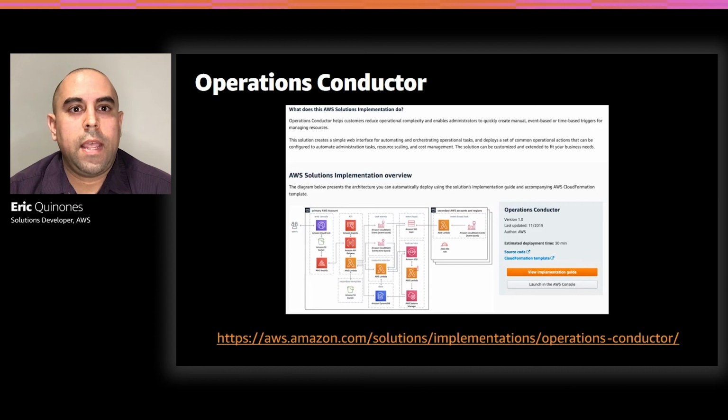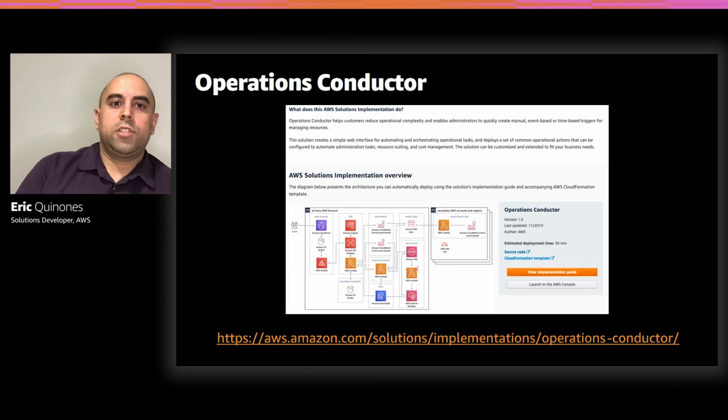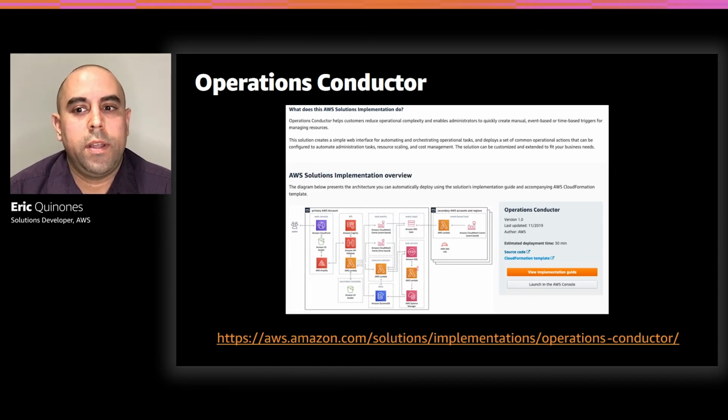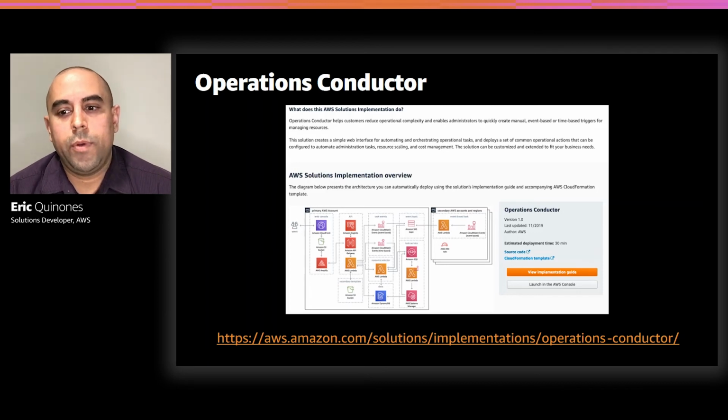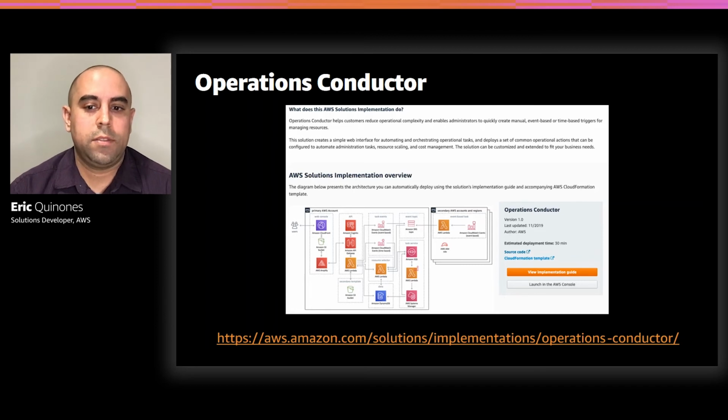You can set a time or schedule-based trigger or even a manual trigger, and then set a target tag the resources that you want to take action on, and use an AWS Systems Manager automation document to perform operational tasks on those resources. You can reduce your operational complexity and have an easy-to-use single pane of glass UI to manage those operational tasks.